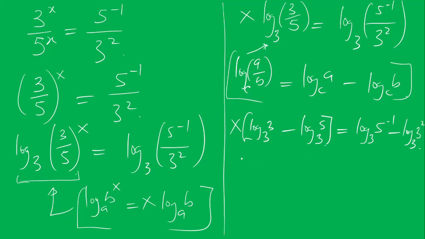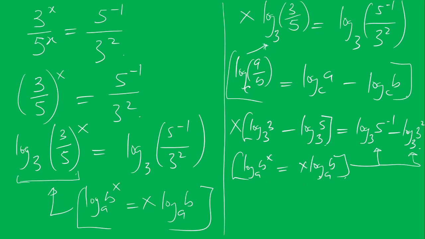we are going to also apply the law of logarithm. Before we do that, we are going to apply this law of logarithm where you have log b to the power of x base a is equal to x log b base a. So we're going to apply it here and here.